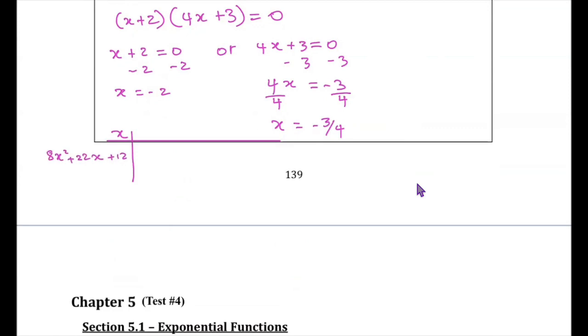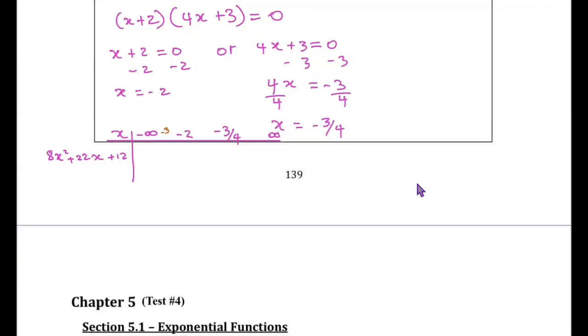And then the numbers vary from -infinity to +infinity. And the solutions were -2 and -3/4, right? Then we're going to try to find a number on each interval so we can evaluate this expression to see what the signs are for each interval. So let me take -3 over the interval from -infinity to -2.